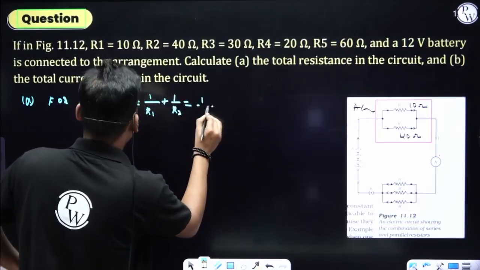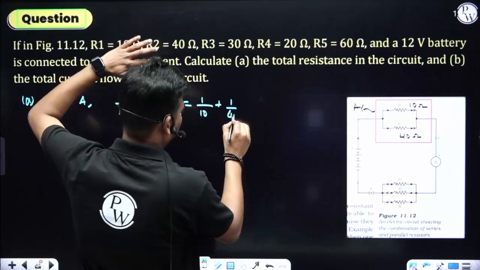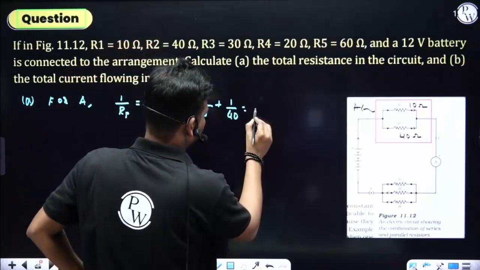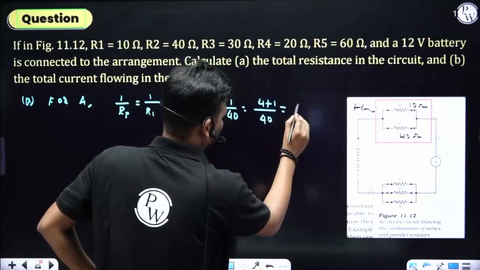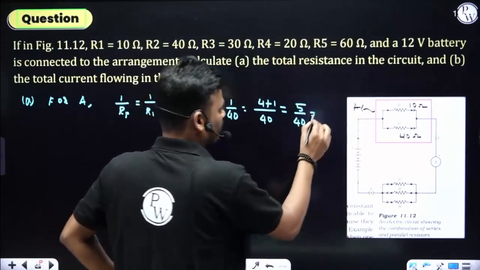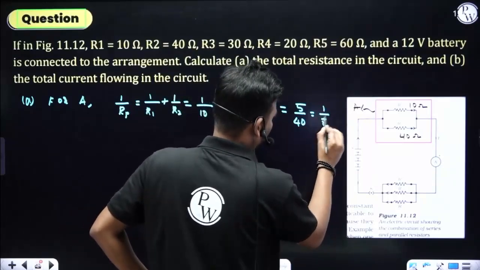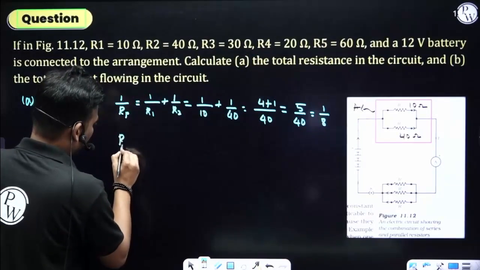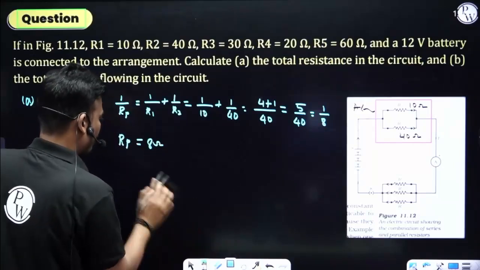So what are the values? That is 10 and 40. Take the LCM, that is 40, and this is 4 plus 1. So 5 divided by 40, so 5 ones are 5 and 5 eights are 40, 1 divided by 8. So that means the Rp value equals 8 ohm.